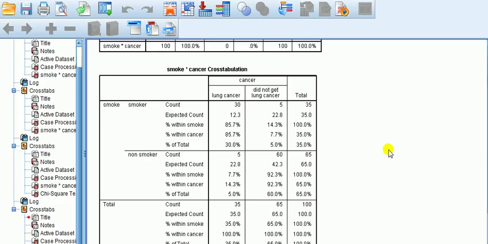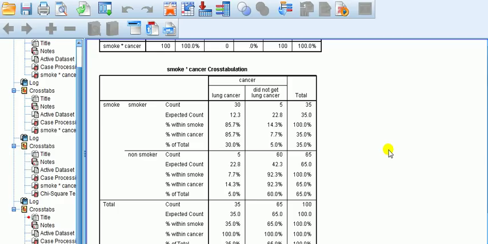Sometimes this is called the third variable problem. The analogous thing in correlation is the partial correlation. When you're looking at the correlation between A and B, when you introduce C, the correlation between A and B could disappear, because there's no real direct relationship between A and B. It's just that there appears to be one because A and B are each related via C. But again, that would be a bit more advanced than what we're doing today.